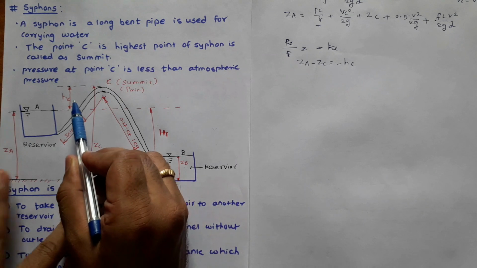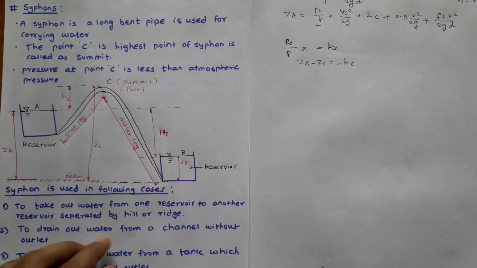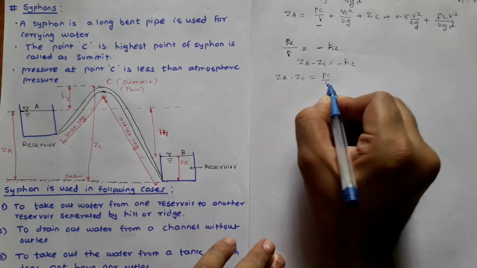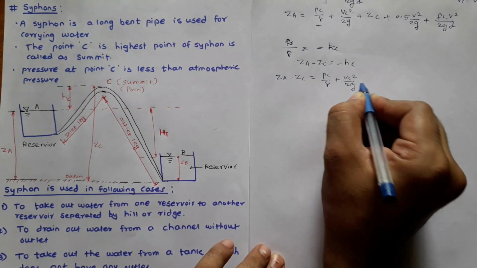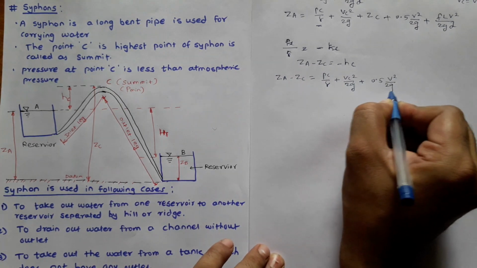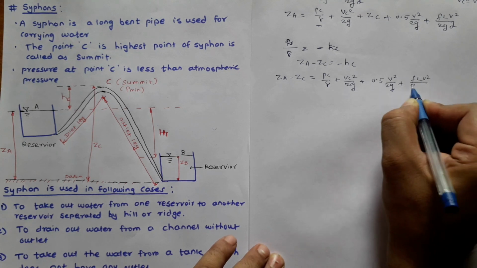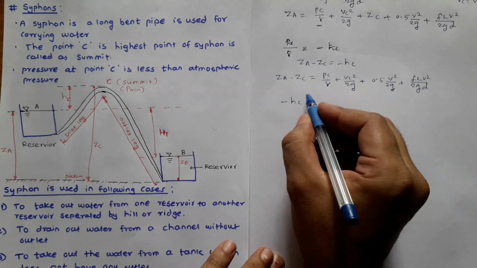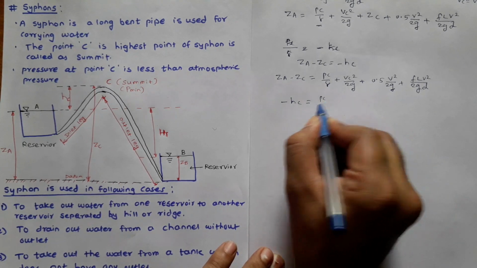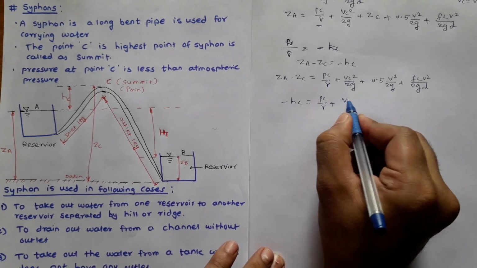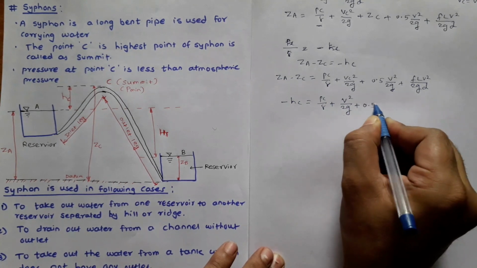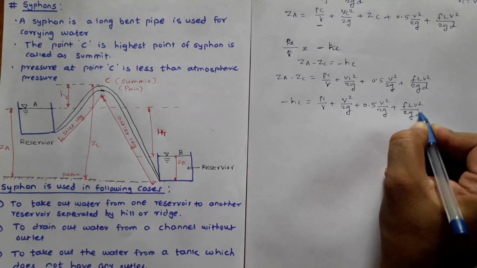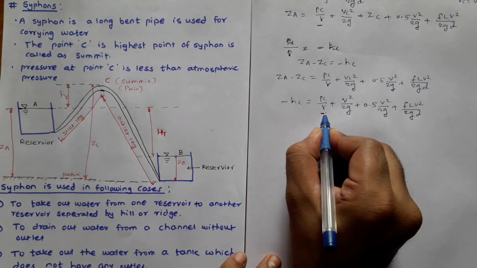Lower minus higher gives a negative answer. So Z_A minus Z_C is minus H_C, equal to P_C by gamma plus V square by 2g plus 0.5 V square by 2g plus f L V square by 2 g D. Rearrange this equation and calculate the P_C by gamma value.